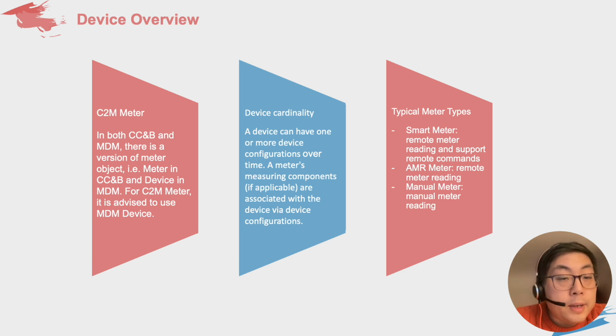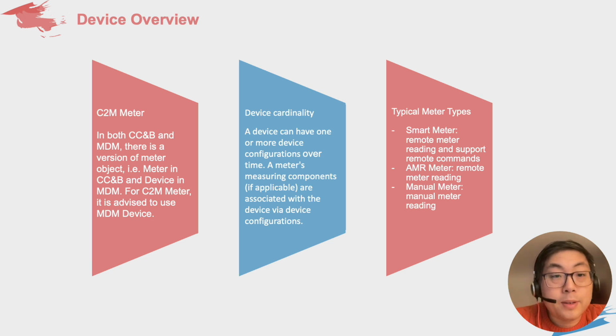Second is device cardinality. As we mentioned, a device can be installed on only a single service point at one time, but a device can have one or more device configs over time. In technical terms, when we say a device is installed on a service point, it is the link between the service point and the device config.